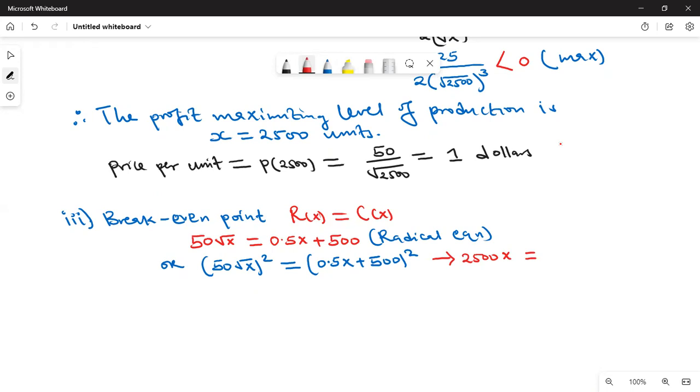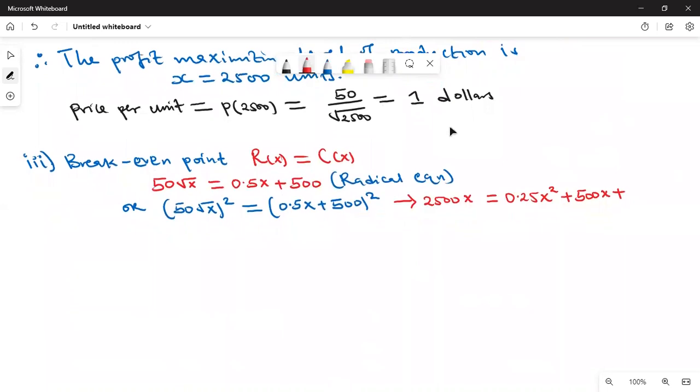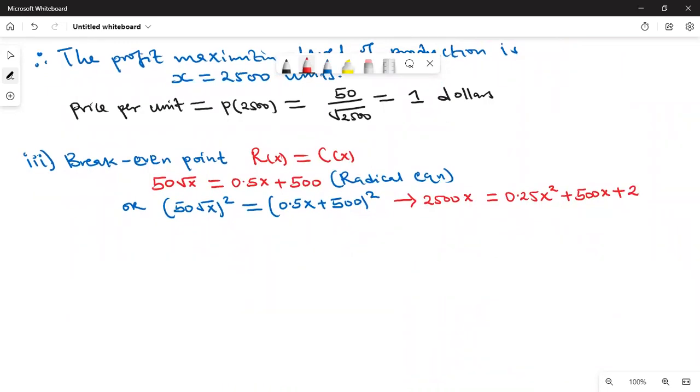Remember, a plus b squared is a squared, that is 0.5 squared, which is 0.25 x squared, plus 0.5x times 500, that will give us plus 500x, then plus 500 squared. 500 squared is 25 with the 4 zeros. That is when you square 500.